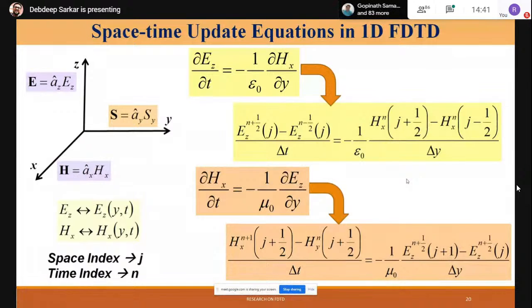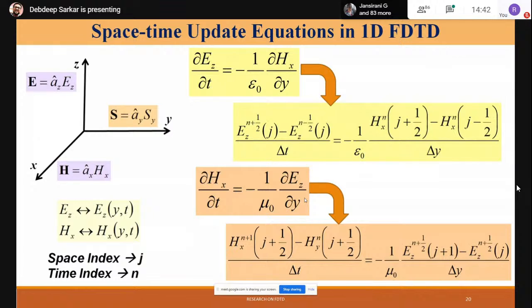The beauty here, as will be apparent later on, when we solve these two equations, is the ingeniousness of the people who work on FDTD, several prolific researchers who have worked in this domain. One of the key ideas is that we make use of the interleaving of the E and H fields, the electric and the magnetic field.